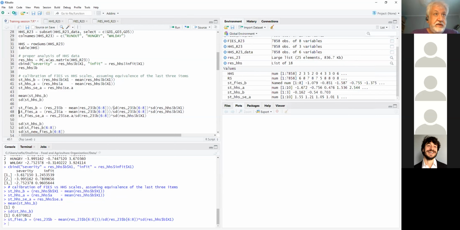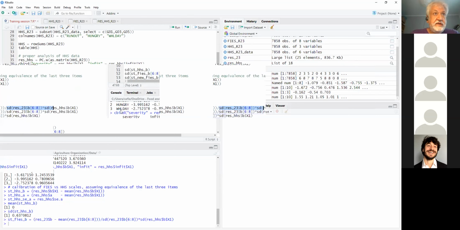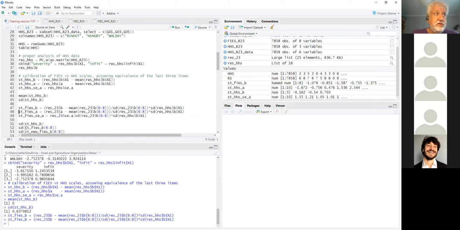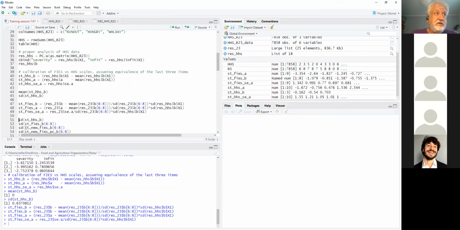And then in this case, I'm also standardizing by rescaling them so that now they have the same standard deviation of the three household hunger score parameters. And I have to make the same transformation to the respondent parameters and to the standard error.